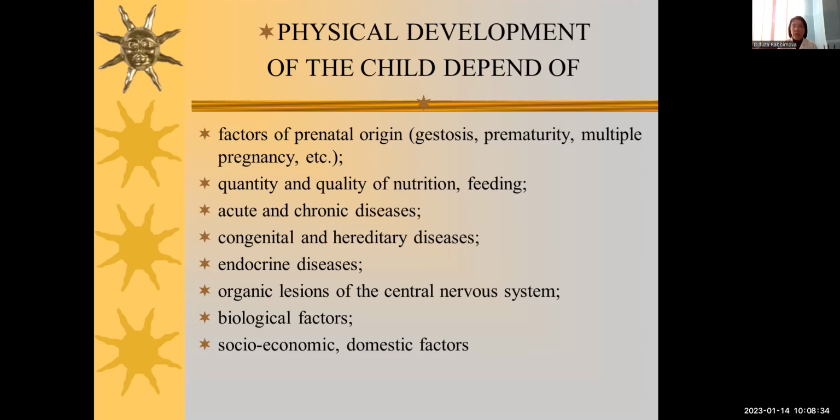Physical development of the child depends on factors of prenatal origin, such as dystosis, prematurity, multiple pregnancy, acute and chronic diseases, congenital and hereditary diseases, endocrine diseases, organic lesions of the central nervous system. All of these factors lead to retardation, and depend on quantity and quality of nutrition, feeding, socio-economical factors, and domestic factors.